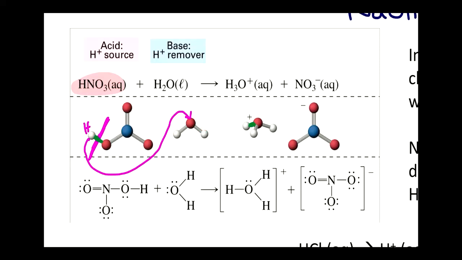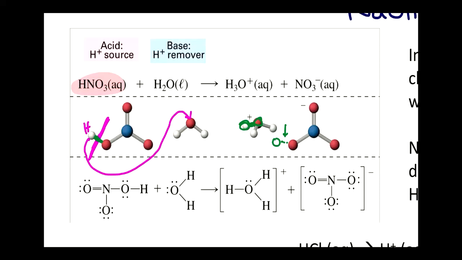You can see that's where the new bond is made, between oxygen and hydrogen, and we broke this bond in nitric acid. So in this example, nitric acid is the Bronsted-Lowry acid, and water is the Bronsted-Lowry base.